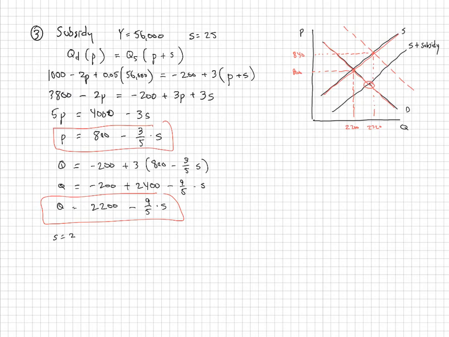In fact, S equals 25, and using that we can easily find the new equilibrium price, which is 800 minus 3/5 times 25, and that term is just 15. So our new equilibrium price will be 785, and quantity is going to be 2,200 minus 9/5 times 25. Well, this here is of course 45, so 2155.